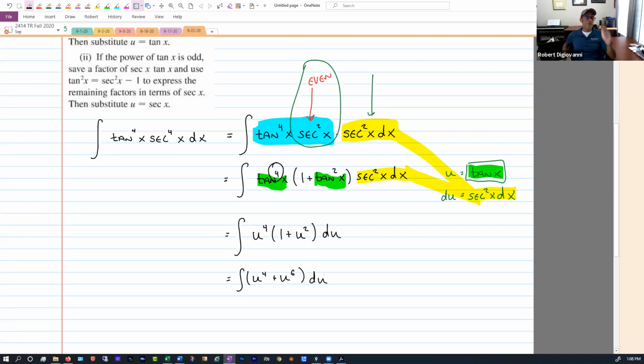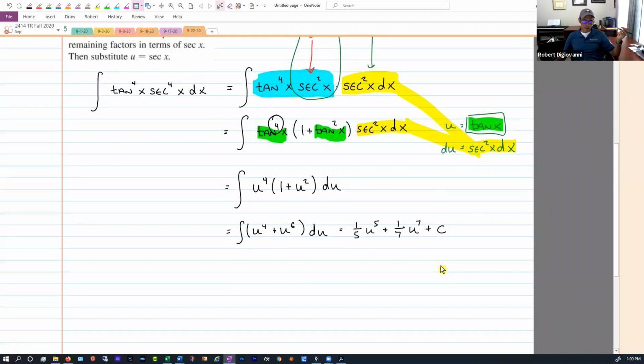And then once we're there, we just integrate term by term. Just power rule on each one of those. So I've taken the antiderivative. And then my last step would just be to replace the u with tangent x. And that's it.